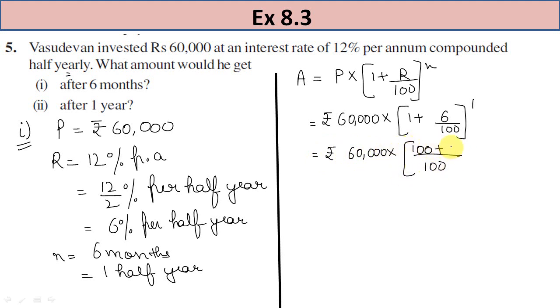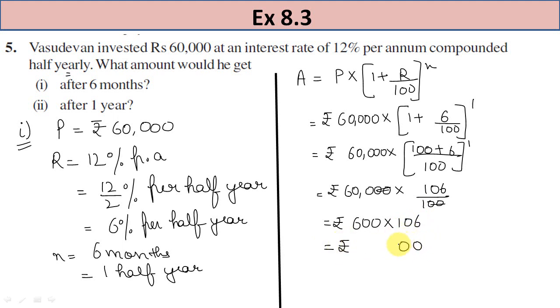So it is 60,000 into 106 upon 100 raised to the power 1, को हम directly 106 upon 100 लिख सकते हैं. So these two zeros and these two zeros will get cancelled. What we are left with? Rupees 600 into 106. On multiplying this, you will get 63,600 is the amount.